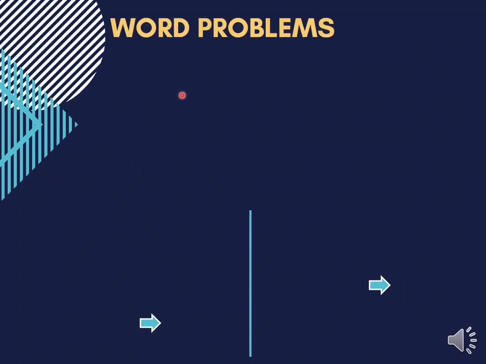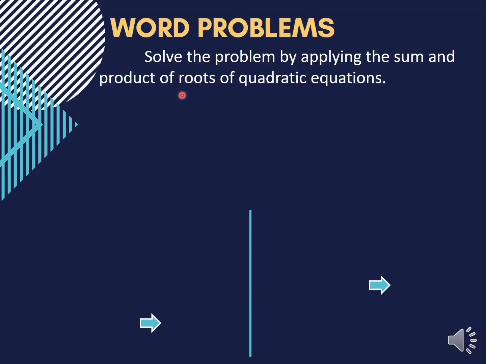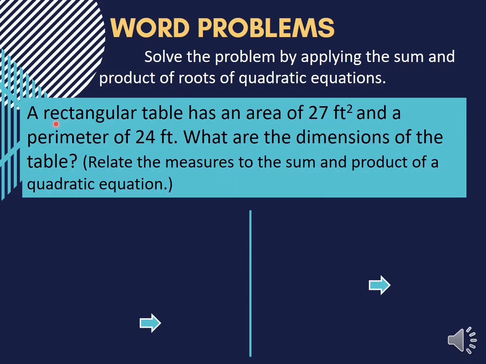Let us now apply what we have learned in finding the sum and product of the roots of the quadratic equation in solving word problems. So, let us solve the problem by applying the sum and product of the roots. The given is a rectangular table has an area of 27 square feet and a perimeter of 24 feet. What are the dimensions of the table?